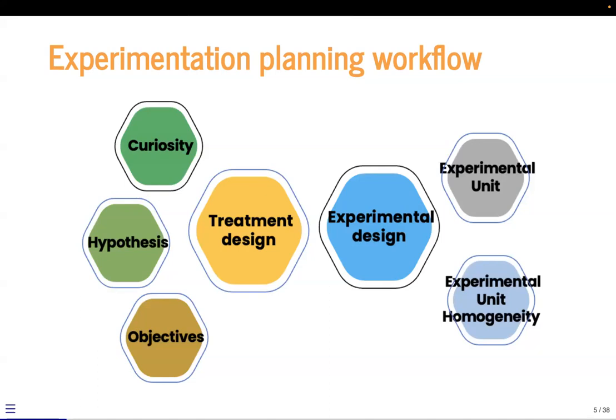On the right-hand side here, we start off determining what is your experimental unit and how homogeneous or heterogeneous it is. And then we use that information to determine the experimental design side of the design. So two pieces of the design, treatment design, experimental design. They're doing different things in your model, and they're both equally important.